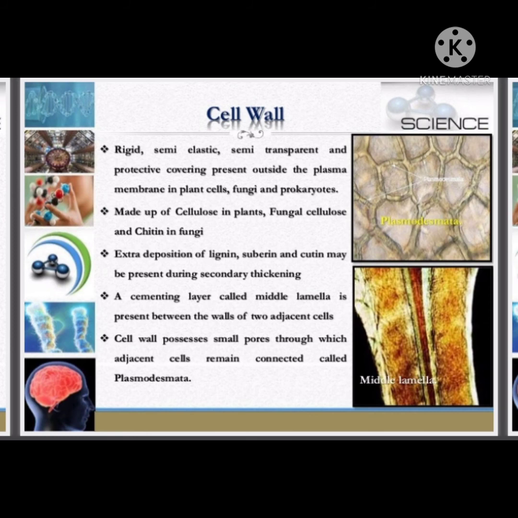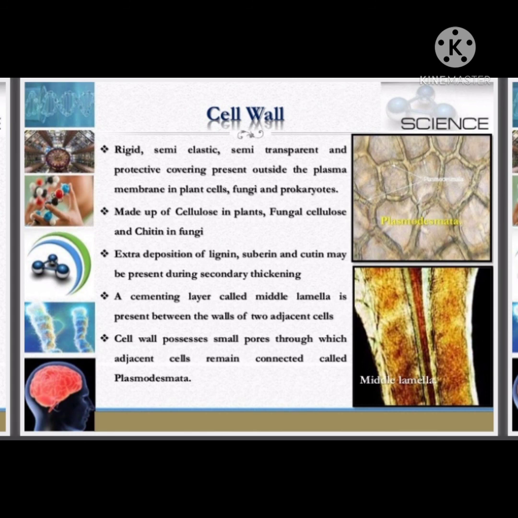In the plant cell we can see that protection in the form of the cell wall. It can prevent the osmotic bursting, the breaking of the cell. And the cell wall is made up of a substance called cellulose.